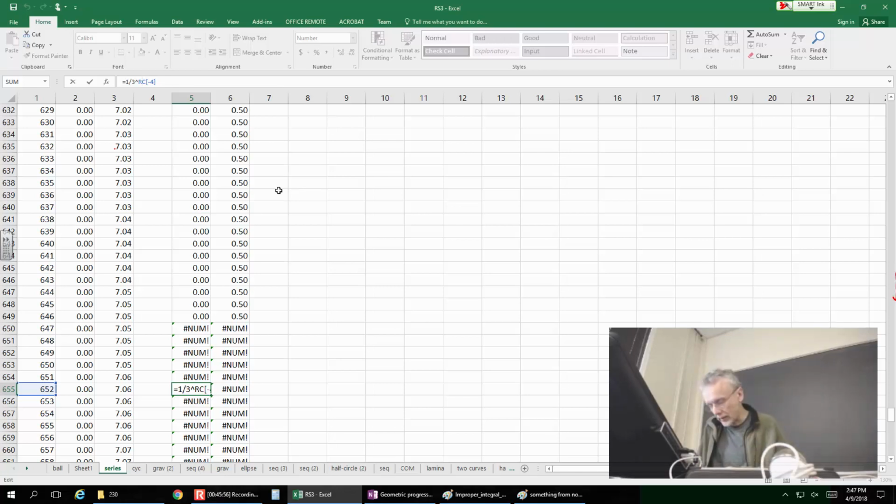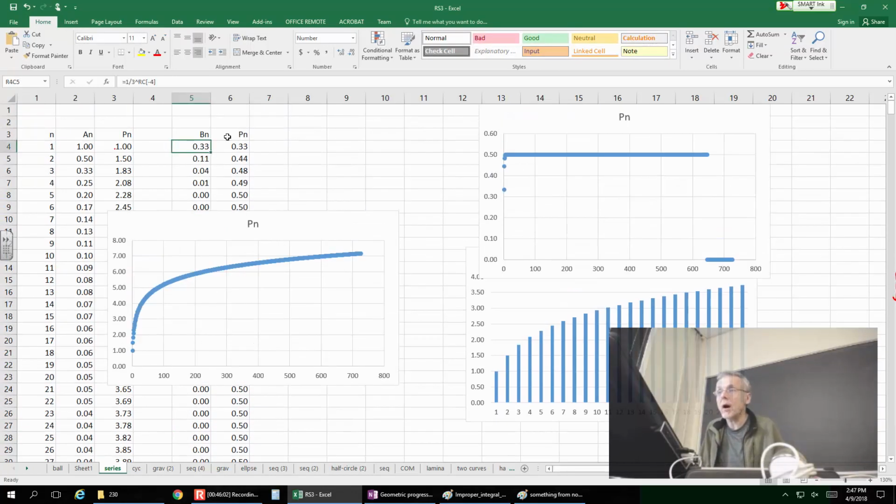But there's a trick. At least I think it might be able to get around it if, instead of dividing 1 by 3 to this power, we take 1/3 to this power, which algebraically is the same thing. But I wonder what the computer is going to say.